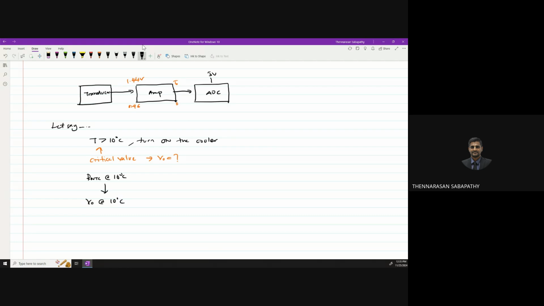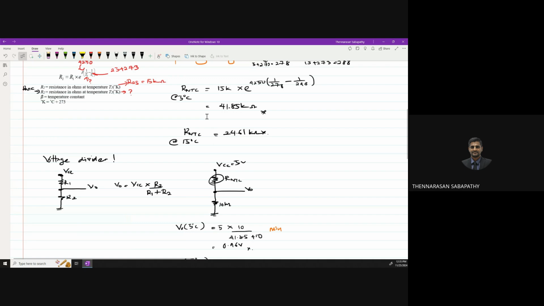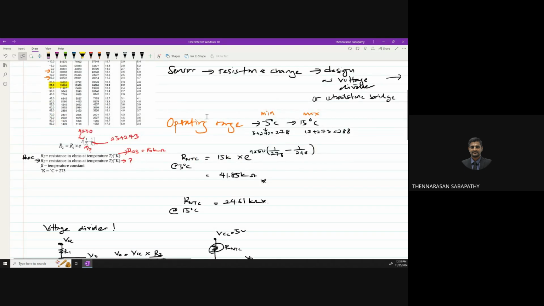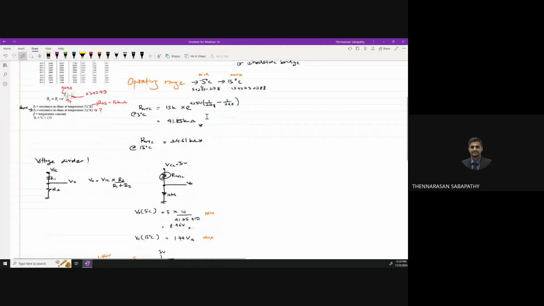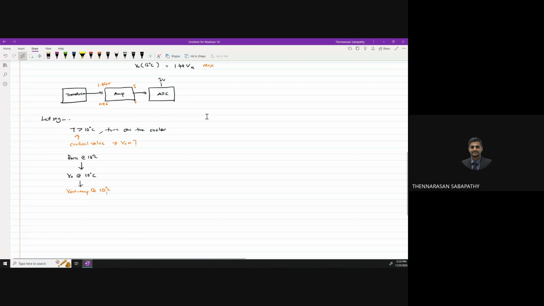Then the V out of the amplifier at 10 degrees Celsius will come later, after you learn the signal conditioning. This is the overall flow of this design. I don't want to touch the signal conditioning this week itself. I don't want to burden you, it's a lot of information. Any question from your side?